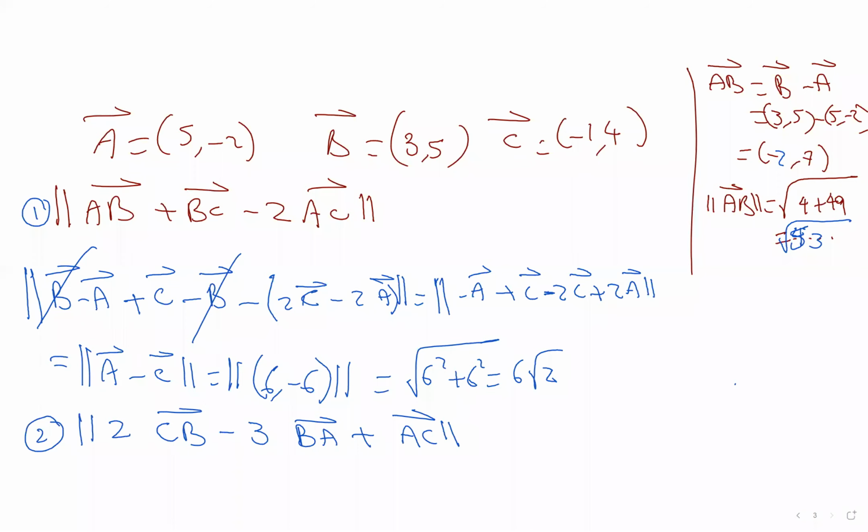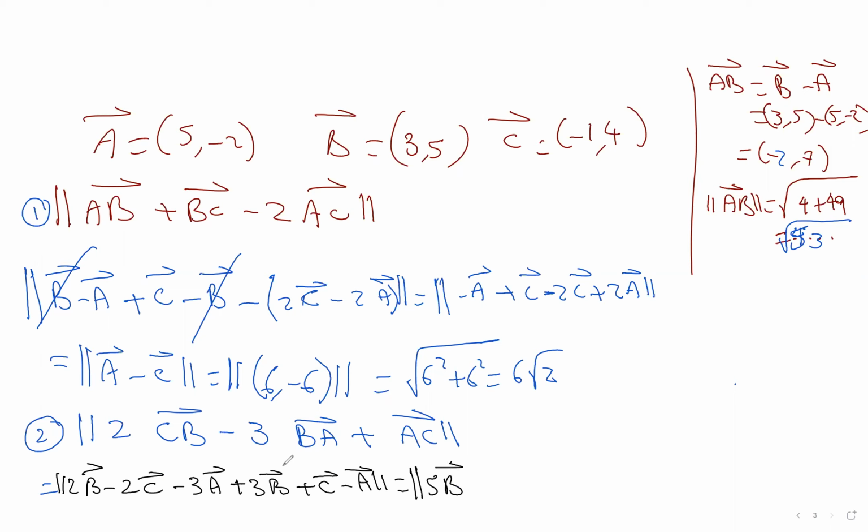Come on, everyone. It will be 2B minus 2C minus 3A plus 3B, then plus C minus A. It will be 2B plus 3B, which is 5B.